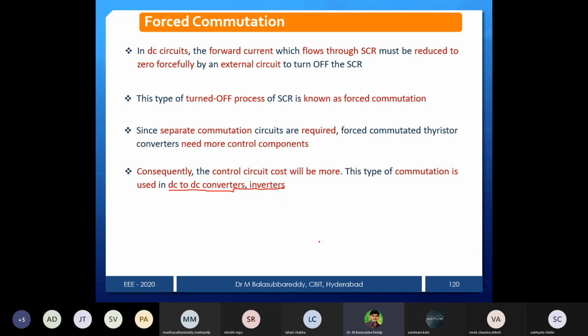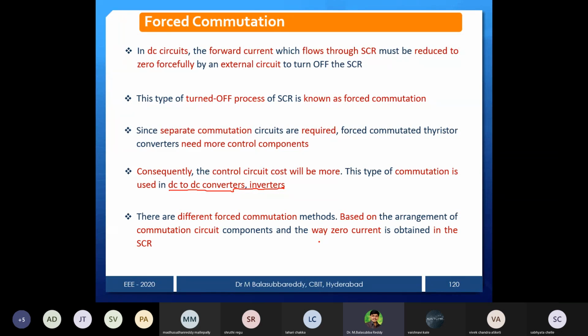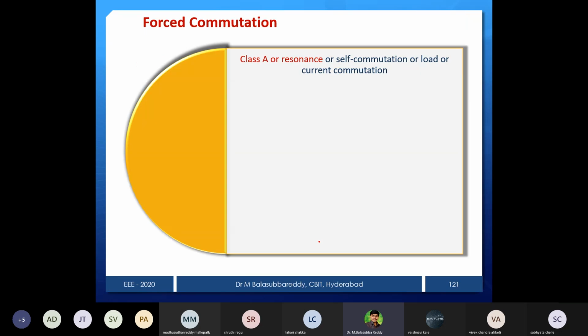Now you can see the forced commutation techniques. Different commutation techniques are there, based on the arrangement of the commutating circuit and how the current is brought to zero using the commutating elements. All these things we'll discuss. Now we can see the different types of commutation circuits.